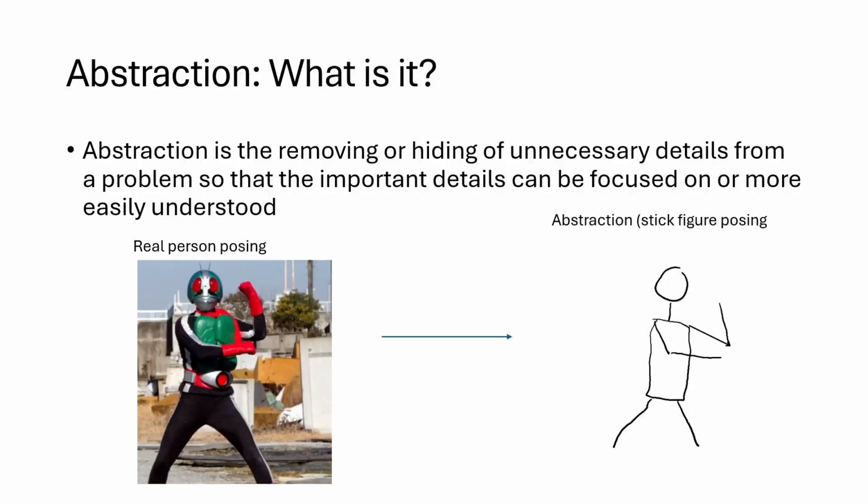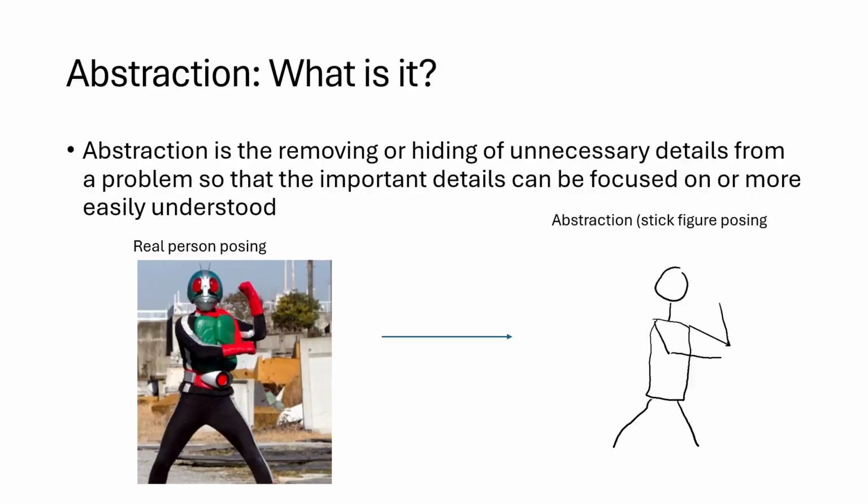So what you could do instead is draw a little stick figure like here, and that throws away a lot of detail you don't care about, like the person's clothes, their dimensions, things like that. I don't know how their heart was beating or things like that.